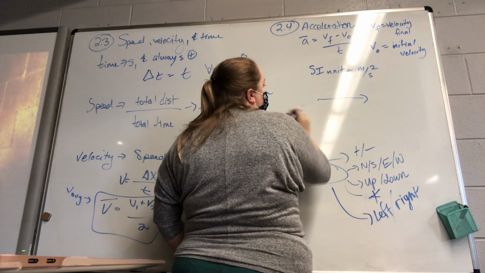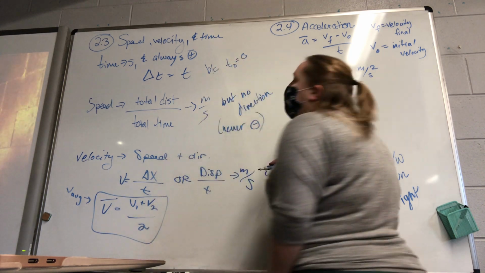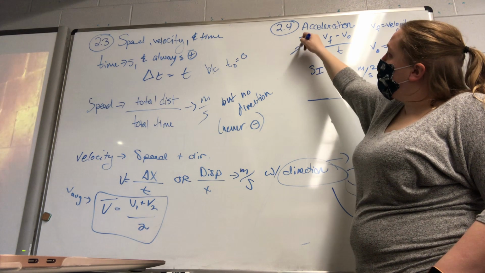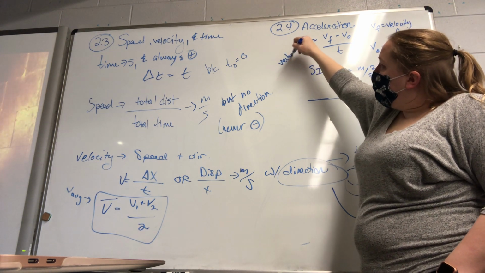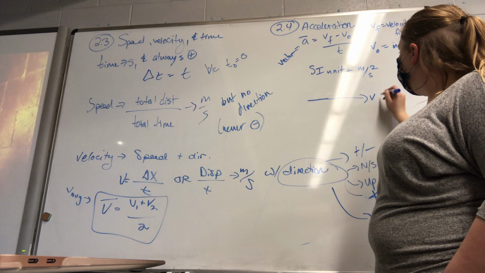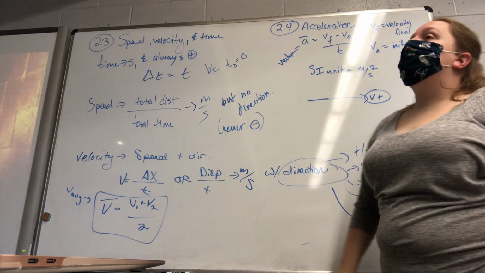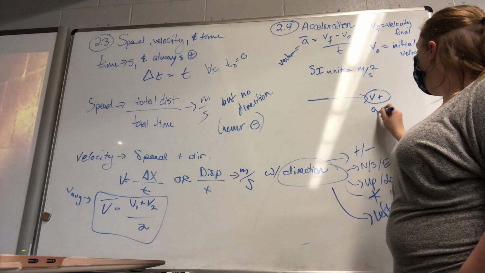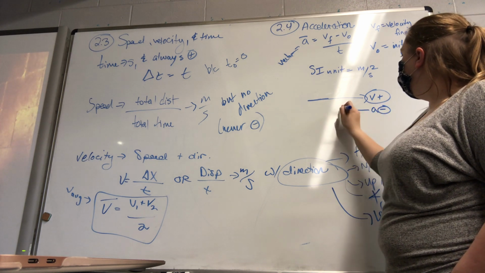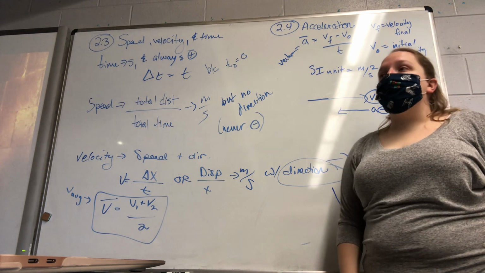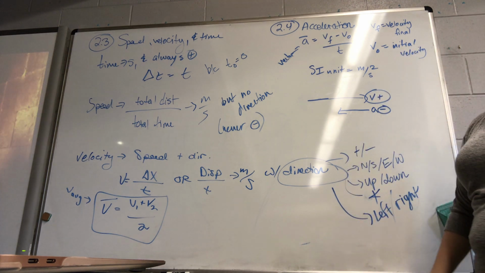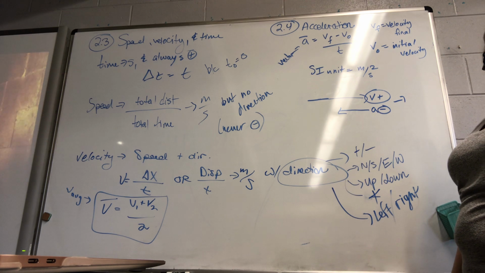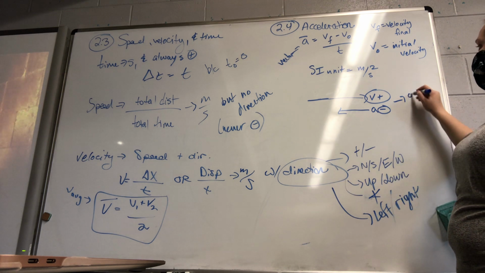Okay, from there we had to have conversations about the sign of acceleration. Remember that this is also a vector. If V is positive and A is negative, it means it goes the opposite direction of velocity. So, in this situation, what is happening? Slowing down. The object is slowing down.